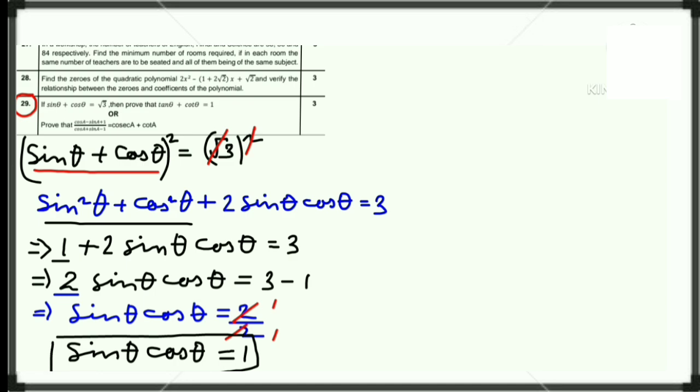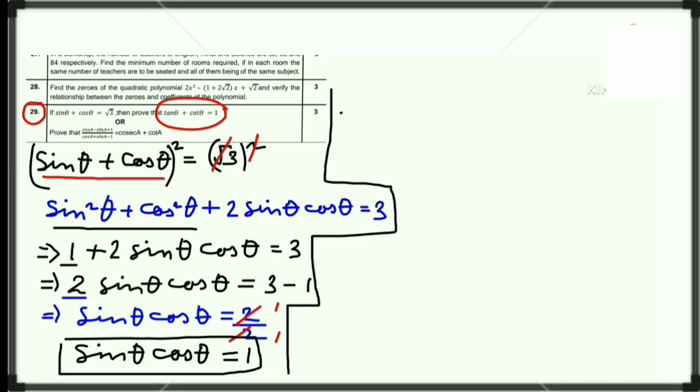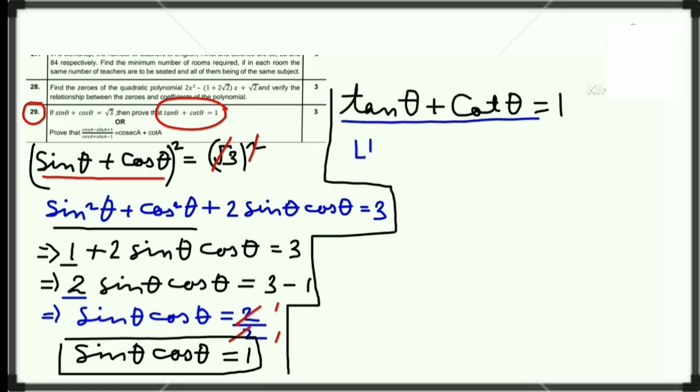Now, according to this question, we have to prove tan theta plus cot theta equal to 1. Okay, now from here, firstly, just take this LHS part. Tan theta plus cot theta.